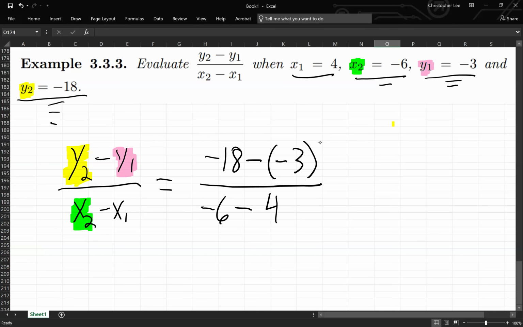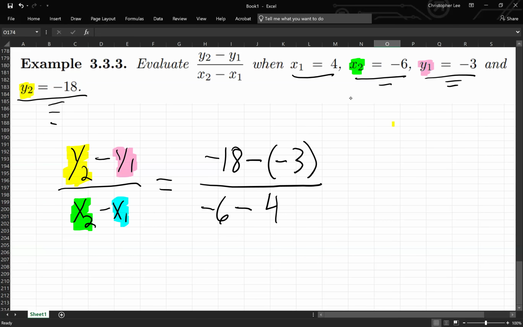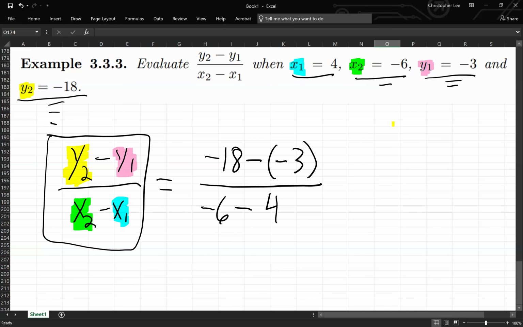And then the last one is X1, which is 4. And how do I know I have to start with -18 and not with 4? Because the variables are named right here in the original formula. You see how it's Y2 minus Y1 over X2 minus X1?